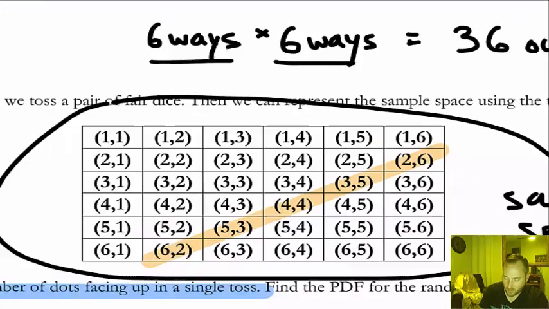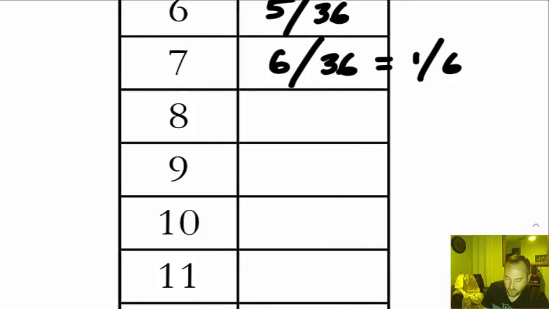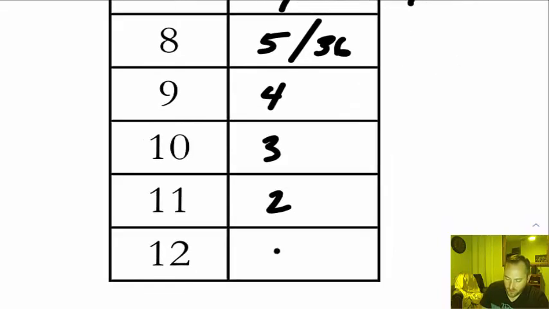So therefore the probability would be 5 over 36. Sorry, I said 5 over 8, my bad. As we go through, we have the 4, 3, 2, and then down to the 1 for the 12. You can see that they start to reduce in number.